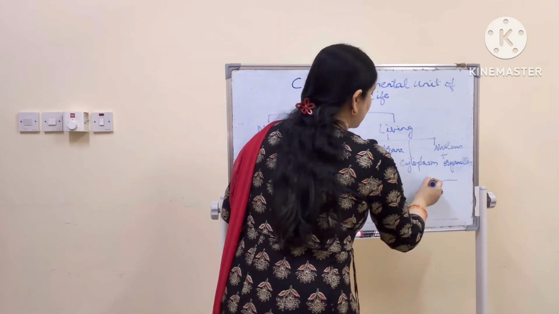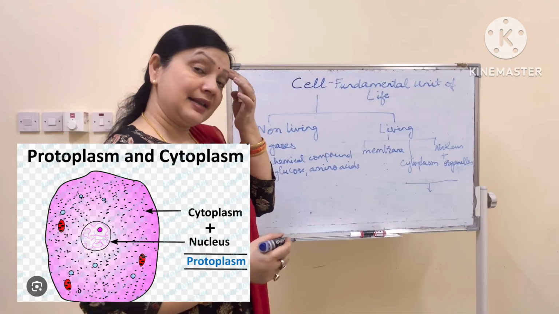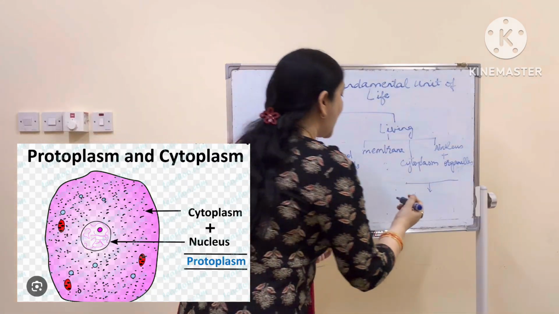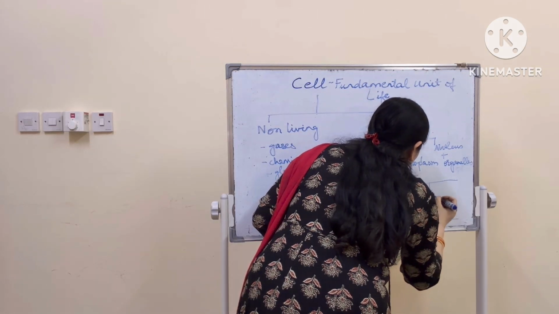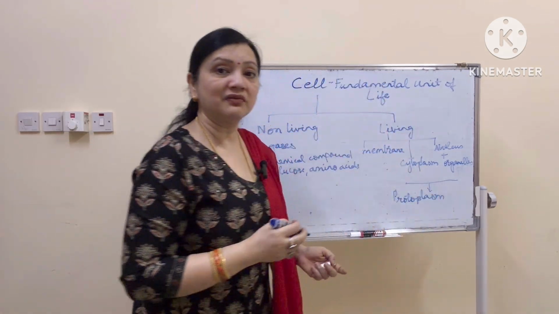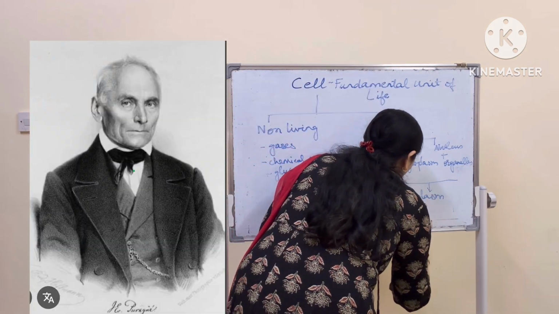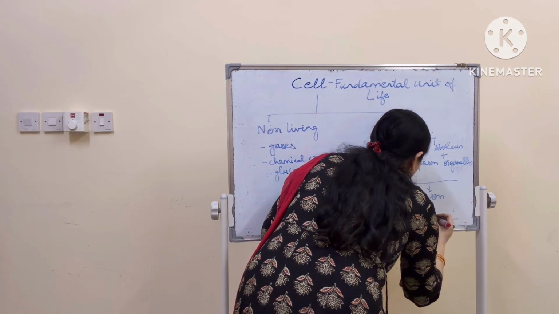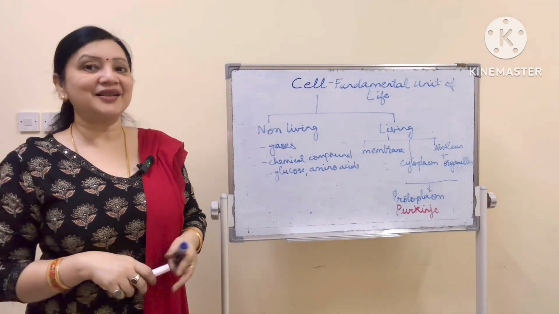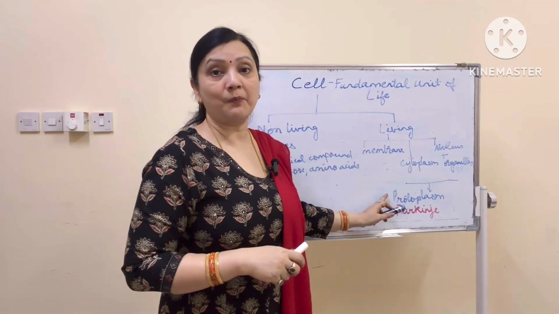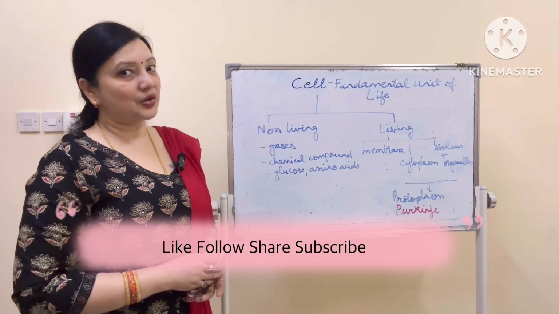Now this cytoplasm and nucleus plus organelles, this is the main living part and it is called protoplasm. And this word protoplasm was coined by a scientist, Purkinje. We have already studied several scientists in part 1. Now you can study one more scientist, the one who coined this name protoplasm. He was Purkinje. I hope you have understood till now.